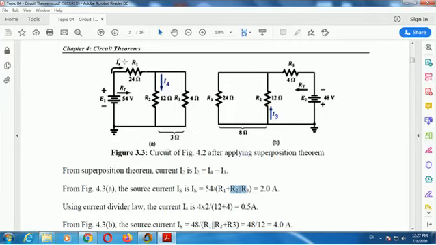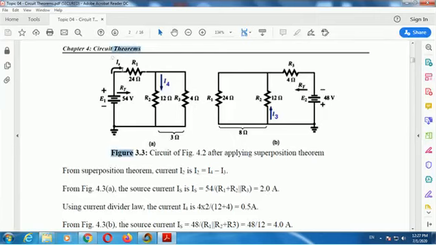Then the total resistance is R1 plus R2 parallel R3. Then IS is 54 divided by R total, meaning the whole resistance here. This parallel combination is 3 ohm, so IS is equal to 2 ampere.